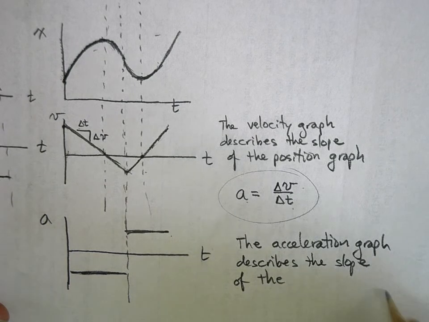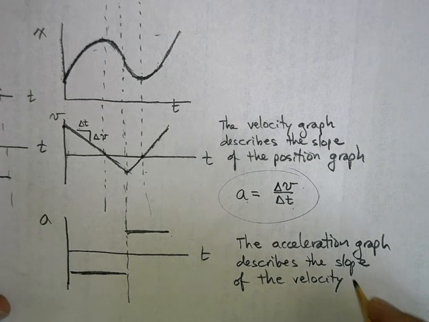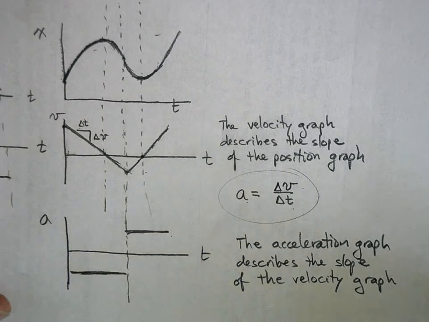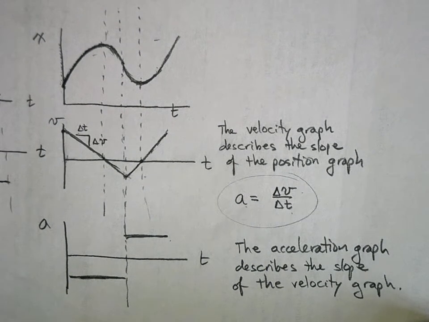Of the, what am I going to put next? The velocity graph. Yes, the velocity versus time graph. I'll just put the velocity graph. Everything's with respect to time. Now, isn't this cool? We have what here, some graphs.